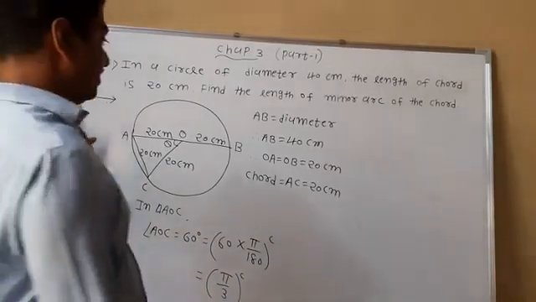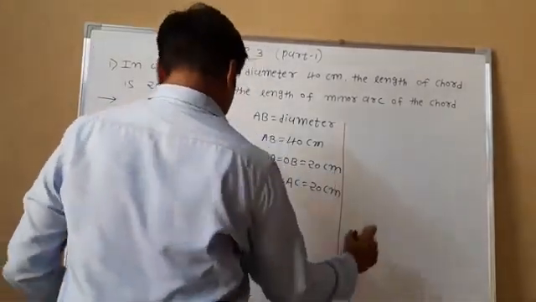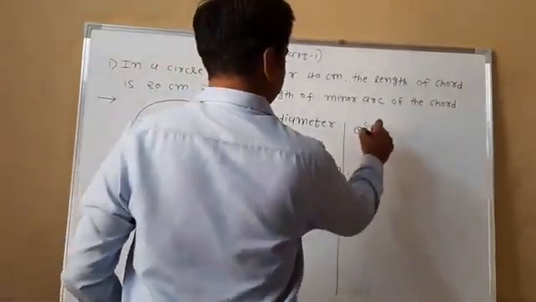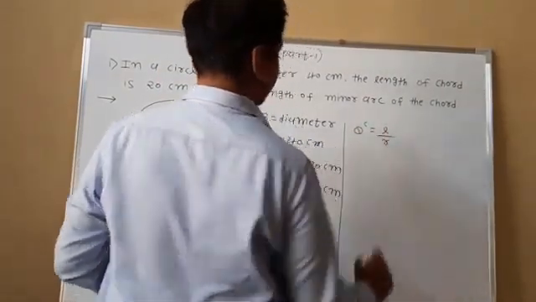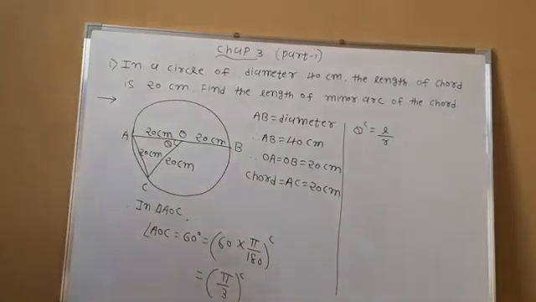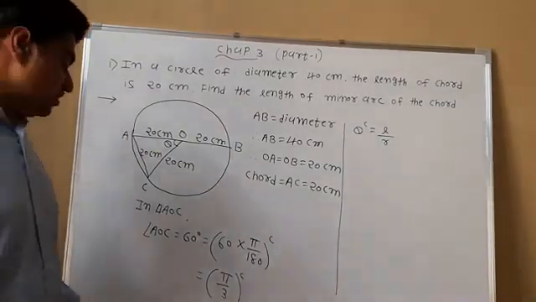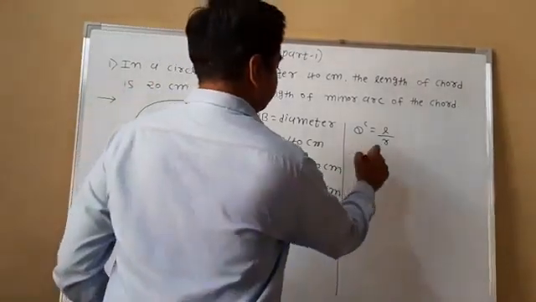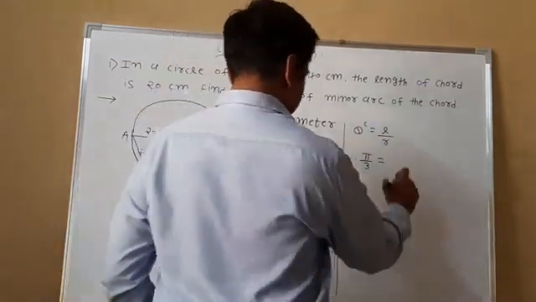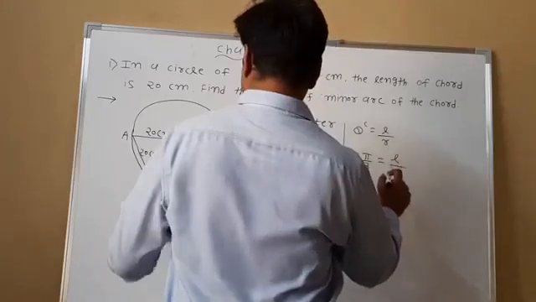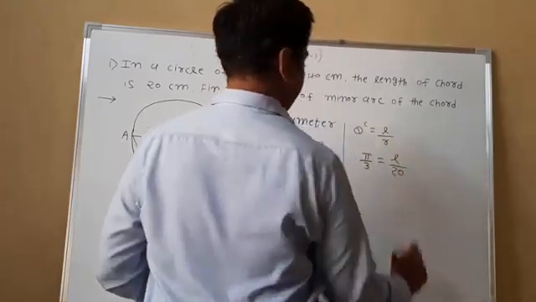Now also, to find theta: our formula is theta is equal to L by R. Now in place of theta write pi by 3, is equal to L, that is what we need to find, and radius is given as 20 centimeter.